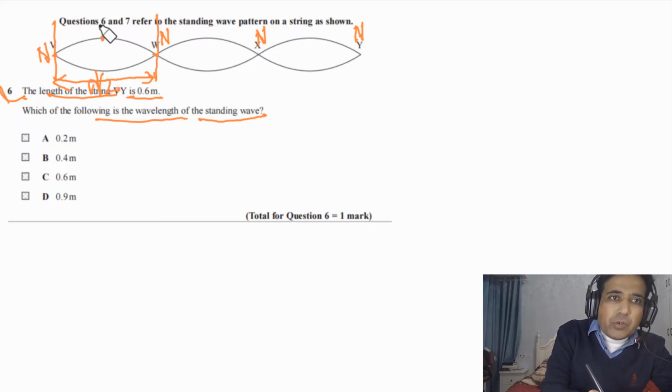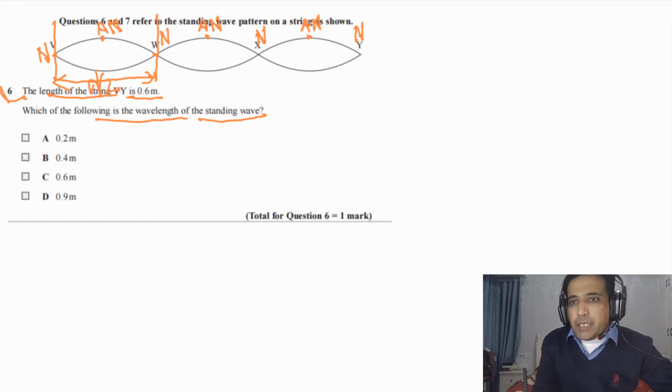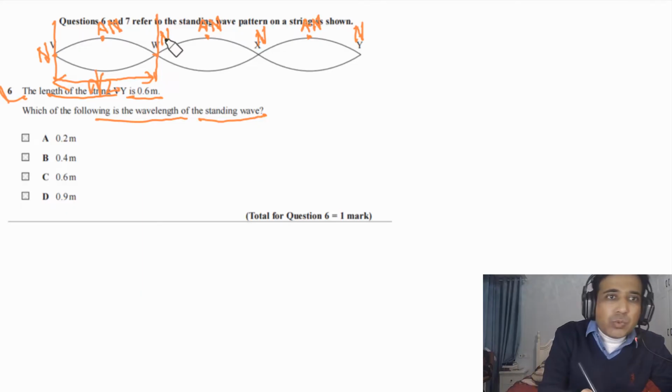This point we call an antinode, and this point is also an antinode, meaning the displacement is maximum. So this point is also an antinode. And the distance between any two consecutive antinodes is also equal to lambda by 2.